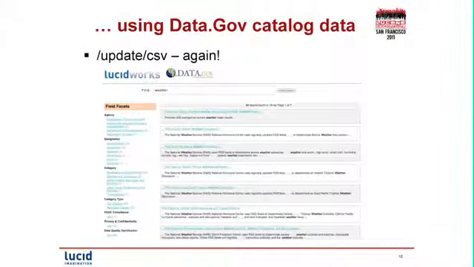And then at ApacheCon last fall, I again did a presentation called Rapid Prototyping with Solr. This time I chose the US government's data.gov catalog data. They have a number of open data sets, and they have a catalog of their data sets that comes out in a CSV format.